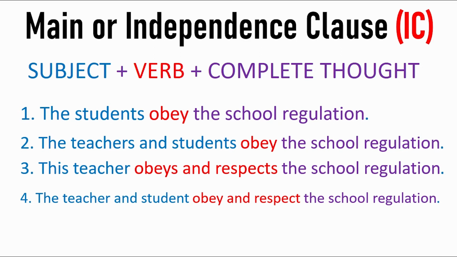So make sure that in your IC, especially in your writing class, you use these formulas for writing: SV, SSV, SVV, SSVV. If you use this kind of sentence in your writing, it will be great and your teacher will be very happy to correct it because your writing is very beautiful.